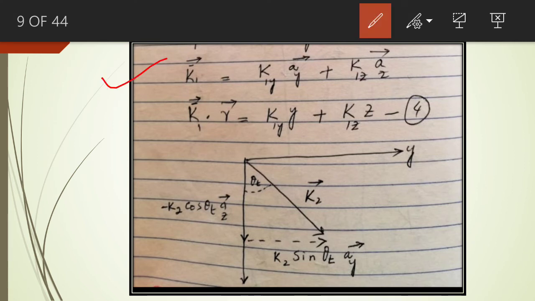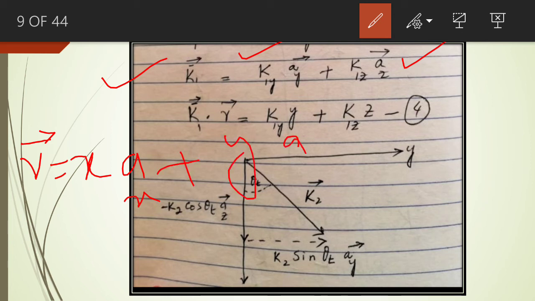This is the vector k1 prime, which has got two components. Here is the component which is along y-axis, and here is the component which is along z-axis. And we know that we considered a three-dimensional vector r, and this three-dimensional vector has three components: the component along x-axis, the component along y-axis, and the component along z-axis.